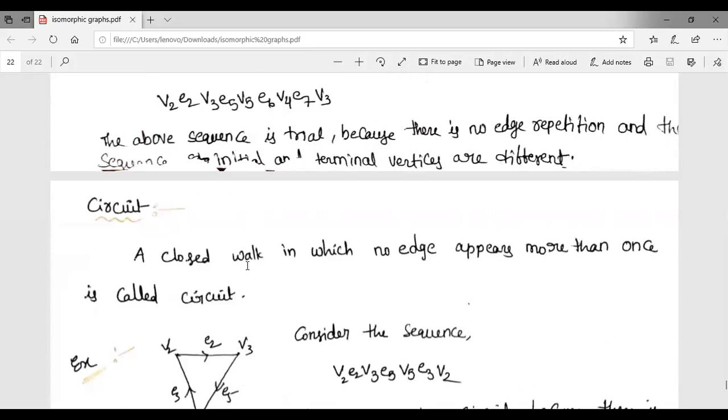Okay. Circuit. A closed walk in which no edge appears more than once is called a circuit. So in an open walk, no repetition of edges is called a trail. In a closed walk, no edge repetition is called a circuit.